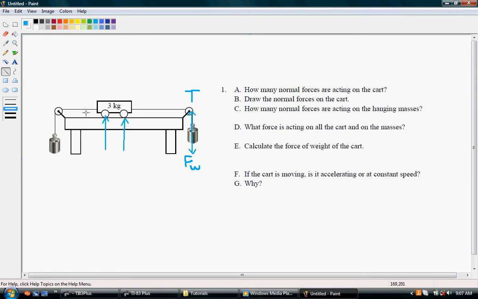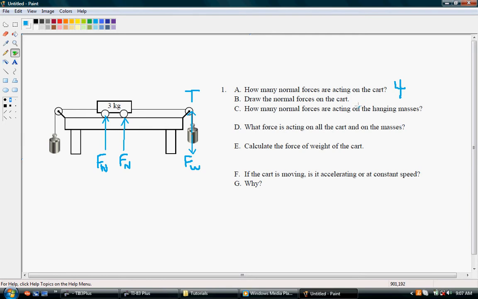And the cart's going to have 4 wheels, but like I said, we can only see 2. So we have a normal force here, normal force, and a normal force here on the cart. So how many forces does the cart have? Technically speaking, 4.